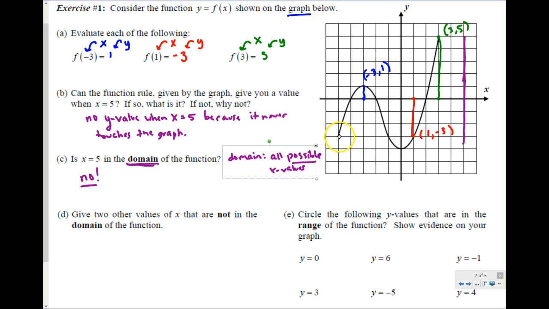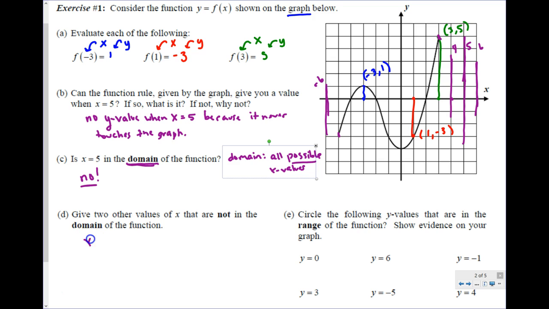Well, my graph starts here and it ends here, so I can pick this point. It won't ever cross it, so notice x equals 4 won't ever cross it, and x equals 6 won't ever cross it, and way over here at x equals negative 6 won't cross it.